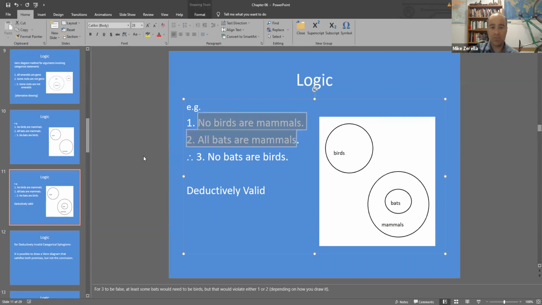Now we look at the conclusion. No bats are birds. Well, that's what we've got. The bat circle is completely outside the bird circle, of course. And there's no alternative drawing of this that could satisfy the two premises, yet have the conclusion turn out to be false. So this shows us that it's a deductively valid categorical syllogism.